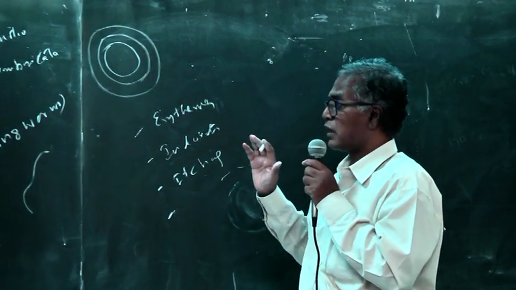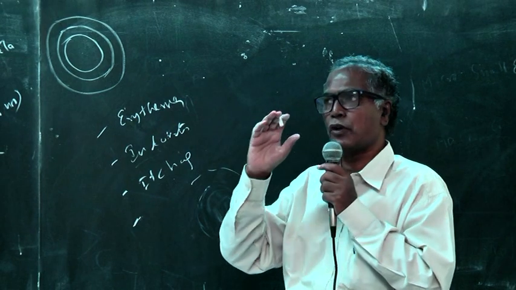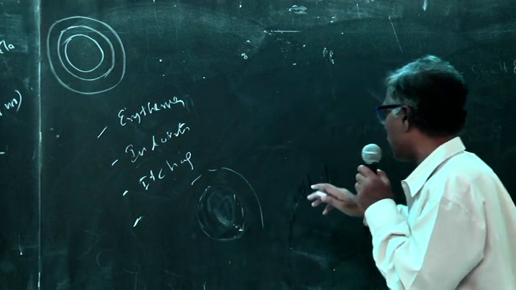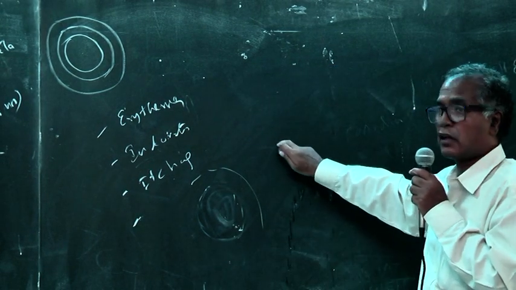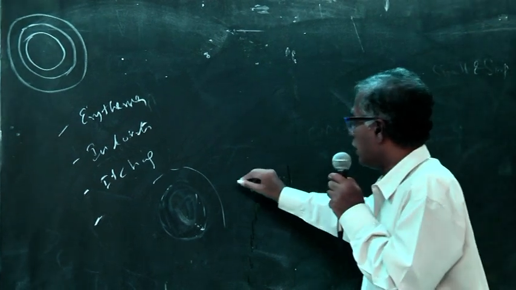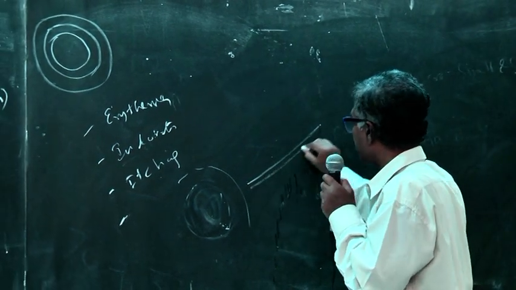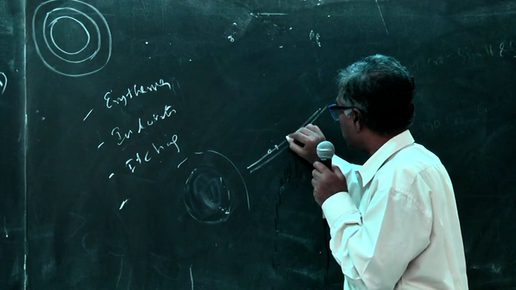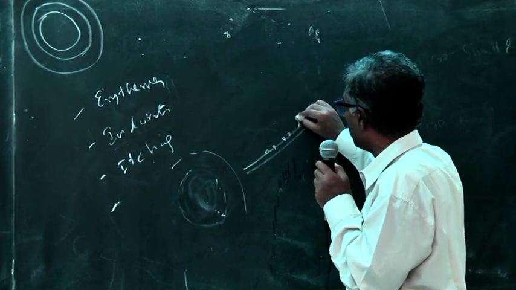Whenever this infection occurs, it produces conidia, asexual spores, which are called macroconidia and microconidia. If this is the hyphae, there may be microconidia.